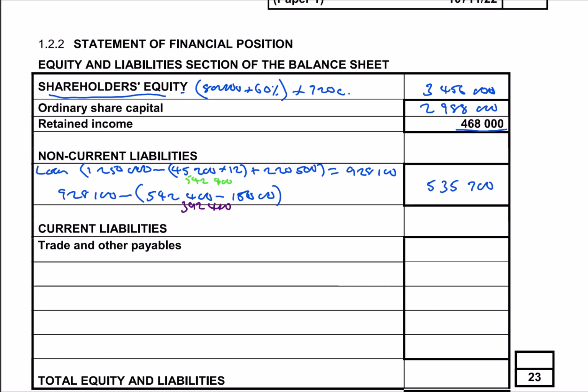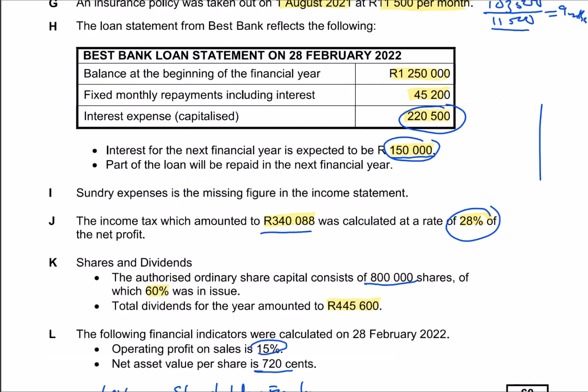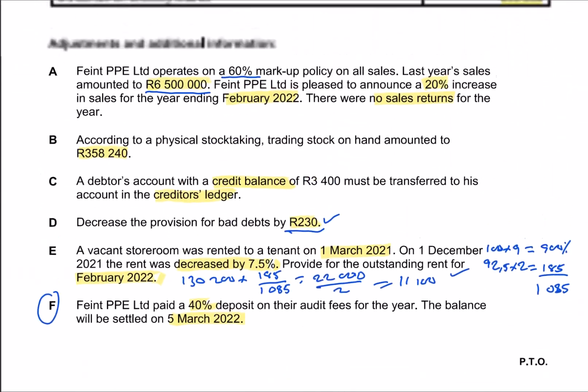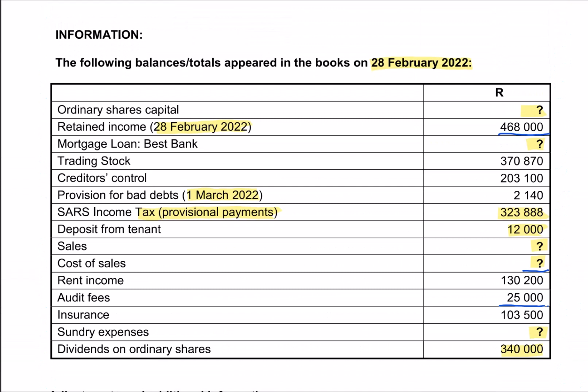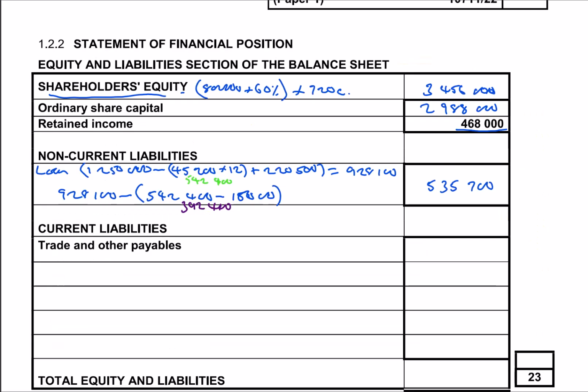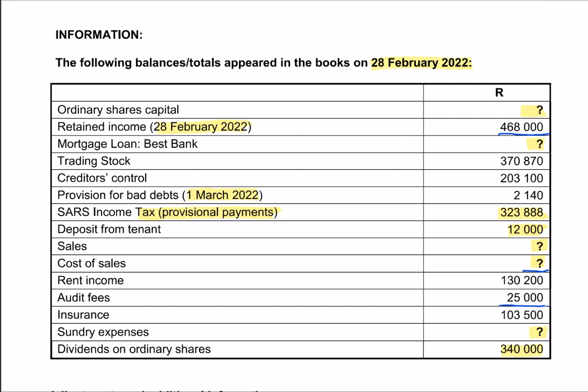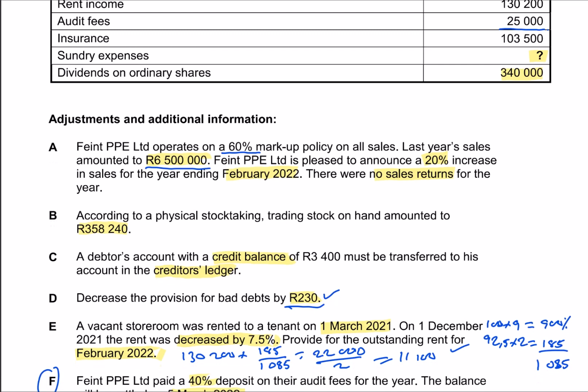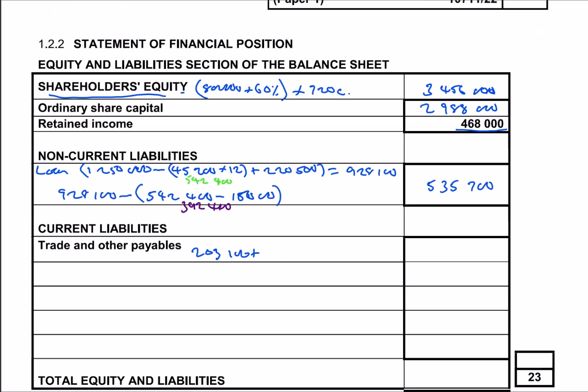On trade and other payables we have trade creditors control, which is 203,100, plus we're told about this: a debtor's account with a credit balance of 3,400 must be transferred to his account in the creditors ledger.